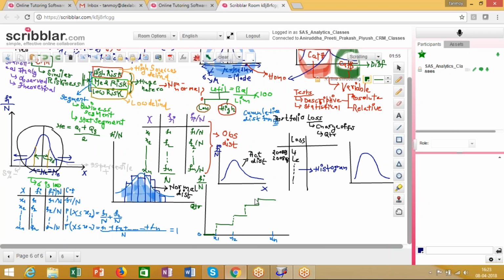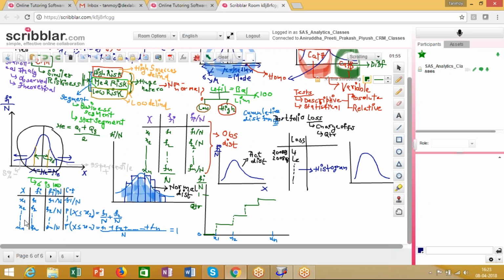So the point where this value hits the last value is 1. So the probability that x will take a value less than equal to xn is 1, because the only values that x can take are between x1 and xn.